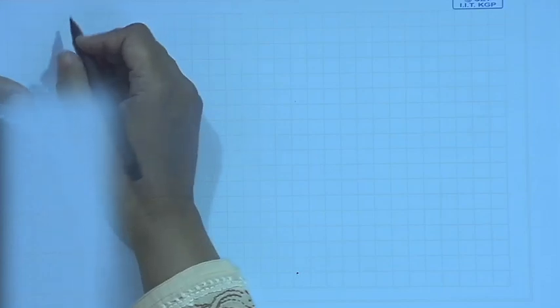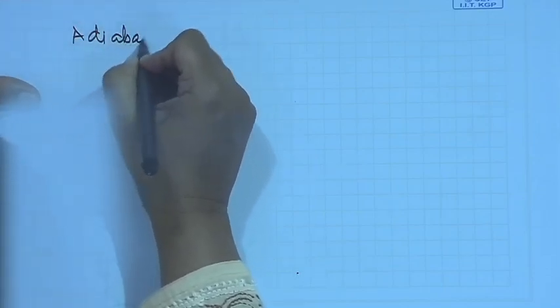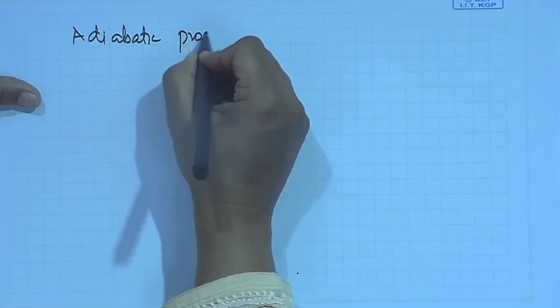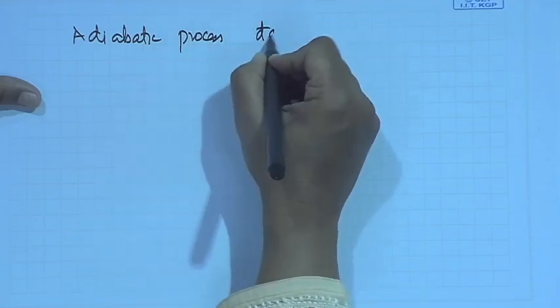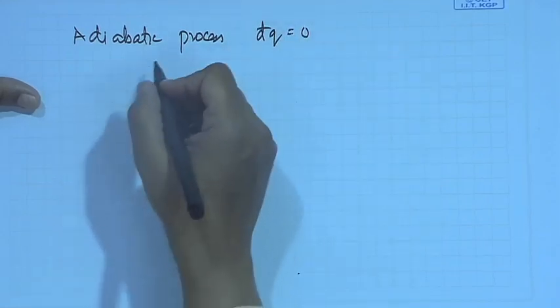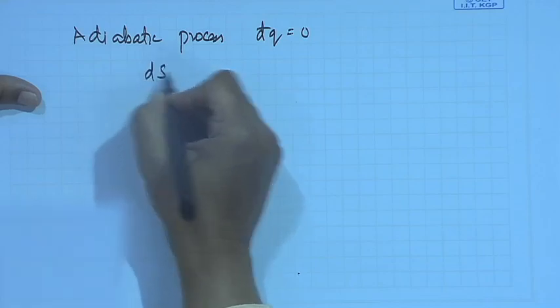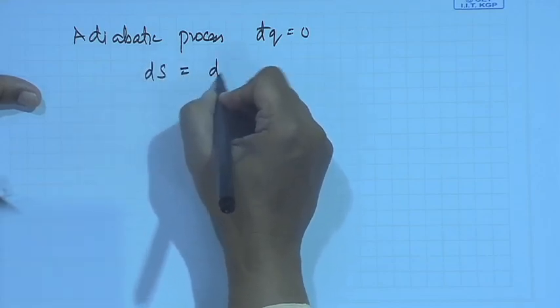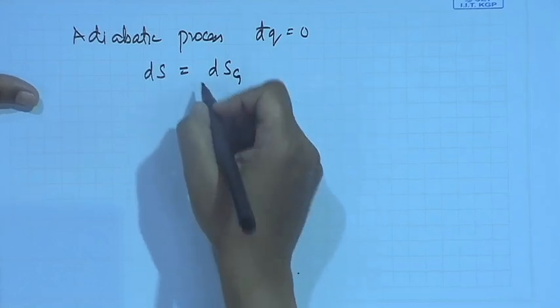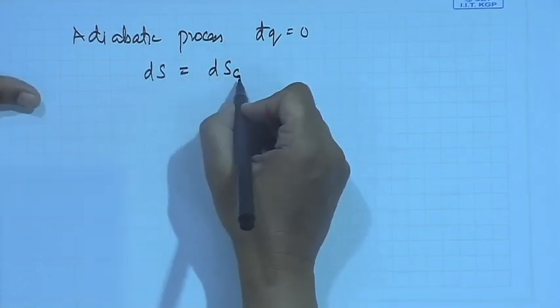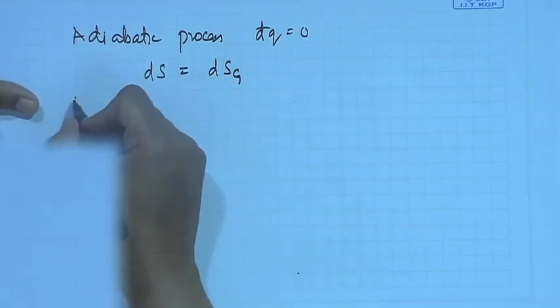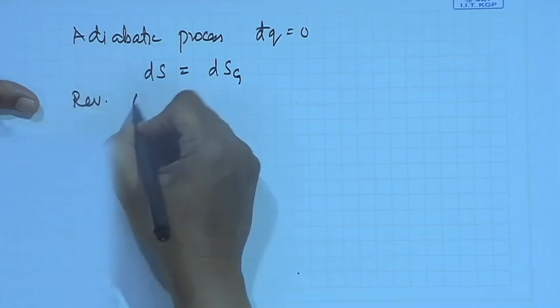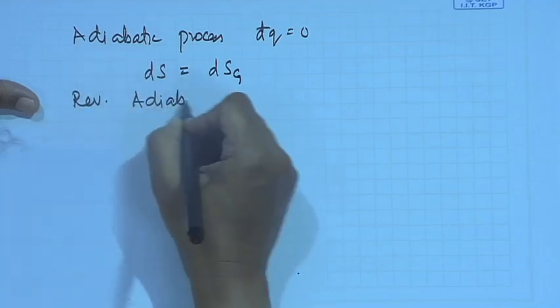Now, very interestingly, suppose we take up an adiabatic process. For an adiabatic process, what do we have? We have dq equals 0. So, ds should be equal to dsg when the process is reversible adiabatic.